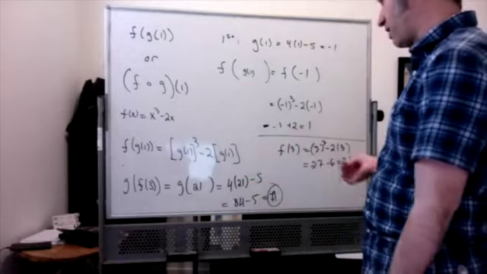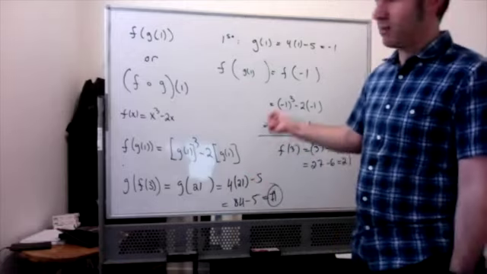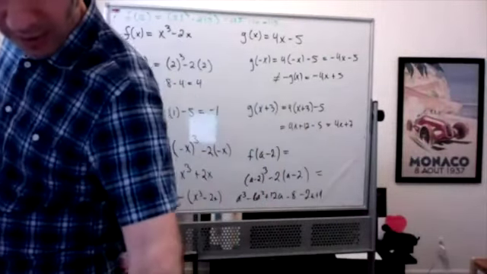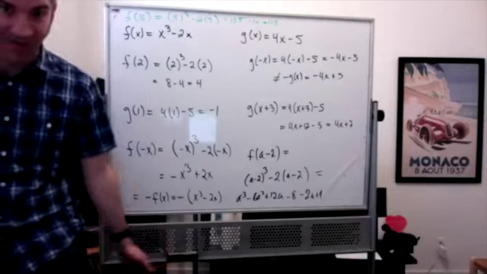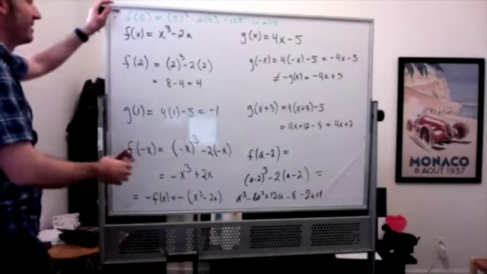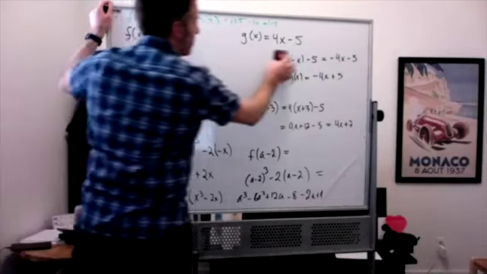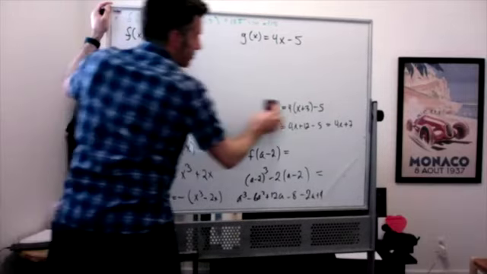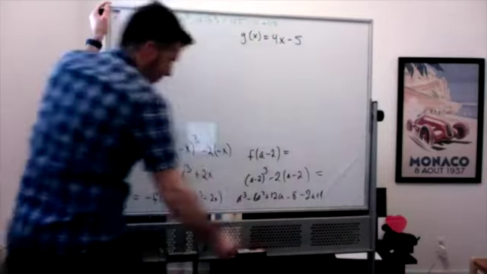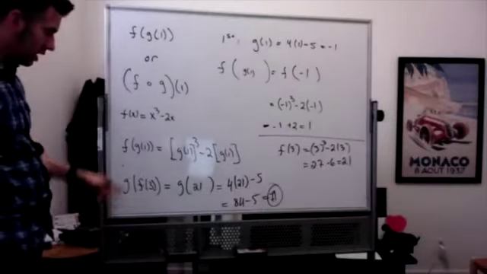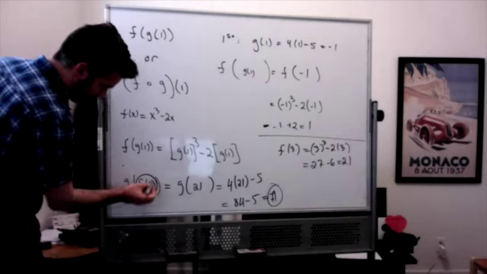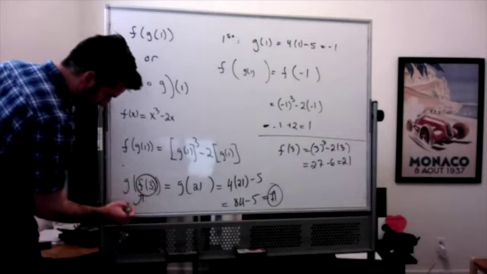So if I want to find anything, in fact, I'm going to give you guys one to try. Can I ask a question real quick? Go ahead, sorry. When we get our 21, do we just plug that right into the g of x? Correct, because we're trying to find g of f of 3. We were literally just saying, I know what f of 3 is, f of 3 is 21.